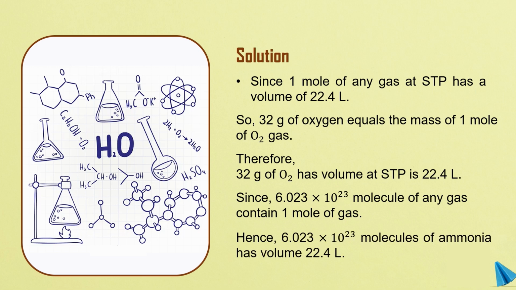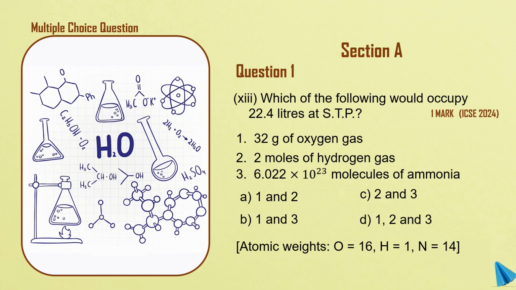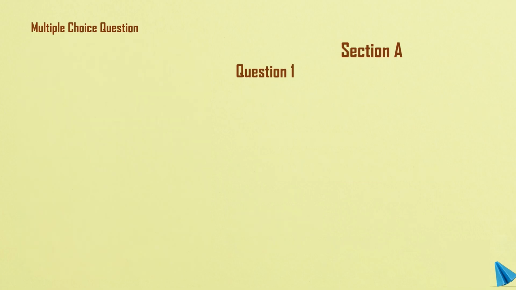Hence, 6.023 multiplied by 10 to the power 23 molecules of ammonia has volume equal to 22.4 liters. So here we can say that the first option as well as the third option, both of them are correct. So your option B is the right option. Let's have a look at the next question.